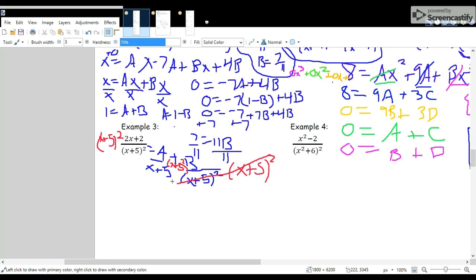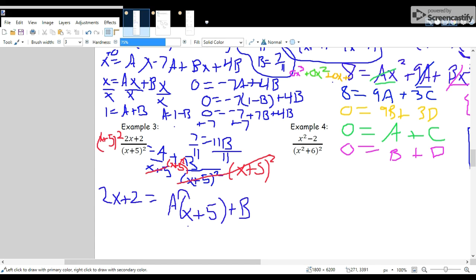So these are going to cancel out, and one of these are going to cancel. So what we have left is 2x plus 2 equals a parentheses x plus 5 plus b.